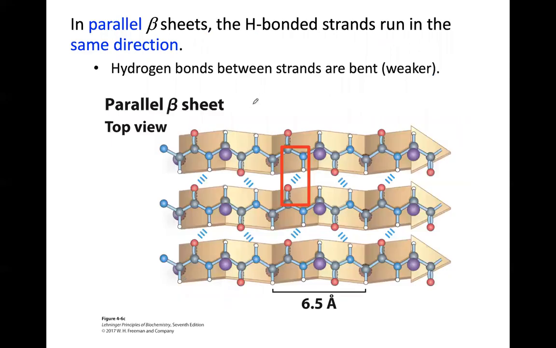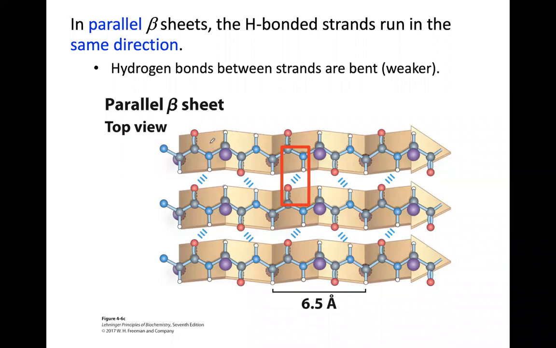So this is parallel beta sheets. So these are H-bonded strands that run in the same direction. Hydrogen bonds between strands are bent. So let's look at that. So this is all parallel. So if we have, let's say, the nitrogen of the amide, right?